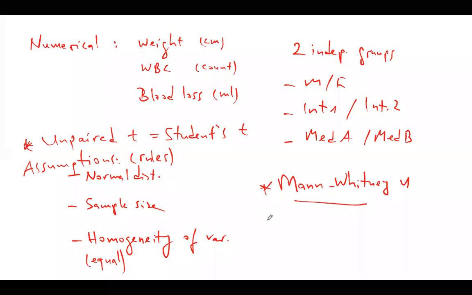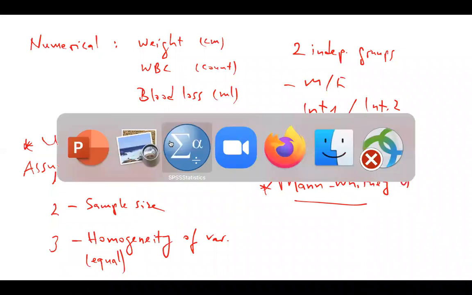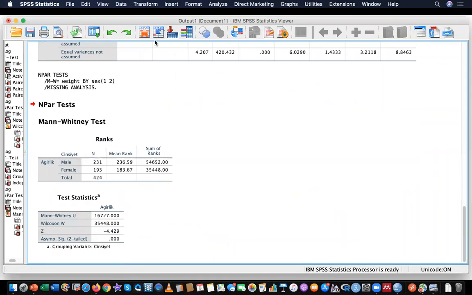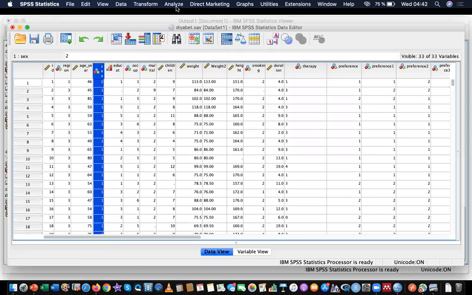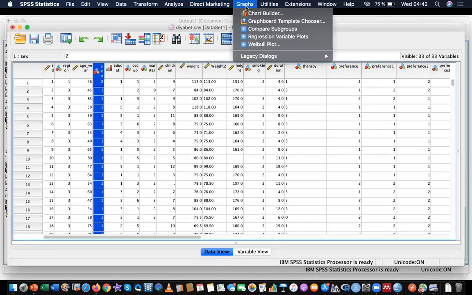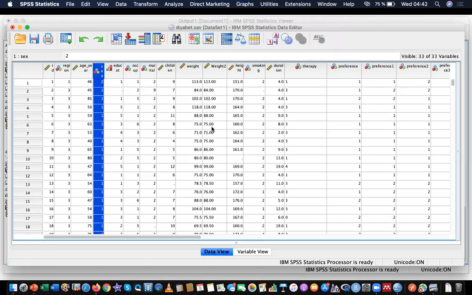Yes, sir, I didn't understand when you mentioned not meeting the assumptions. In which conditions can't we have the assumptions properly? There are 3 assumptions to conduct the unpaired t-test, the Student's t-test. The first assumption is normal distribution. Let me check if I have normal distribution here. Do you remember how we checked the normal distribution? We did it with the histogram, for example.